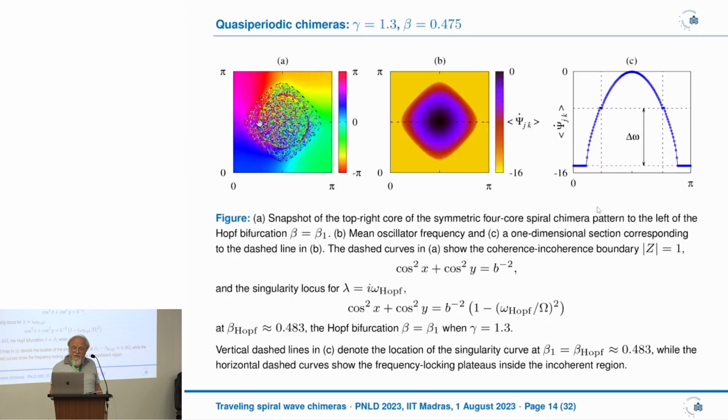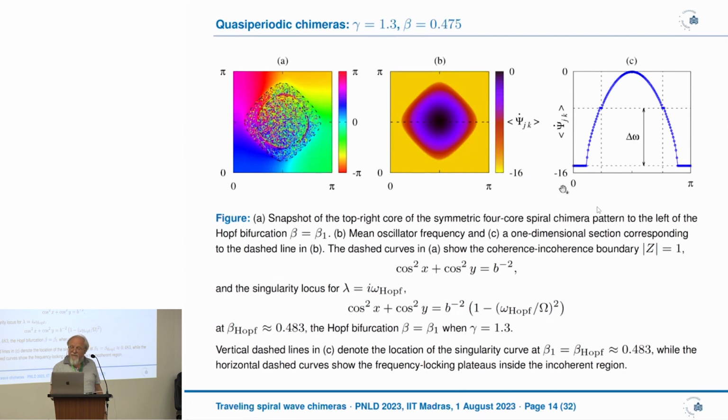But inside it, you see the appearance of these filaments, which represent little regions of coherence appearing inside that incoherent core. They appear because the eigenfunctions of the Hopf bifurcations are singular on a certain curve that you can calculate, which lies on this dashed curve.